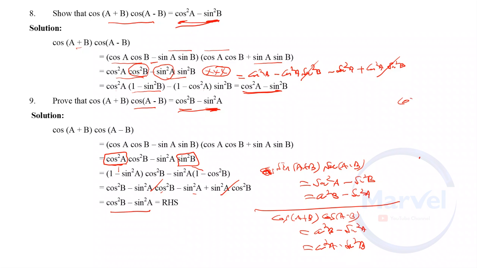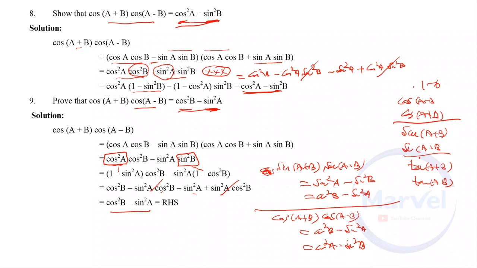Do you remember? cos of A minus B, cos of A plus B, sin of A plus B, sin of A minus B, tan of A plus B, tan of A minus B. So formulas 1 to 6 are over, and this is formulas 7 to 10 over. So far we proved 10 formulas.